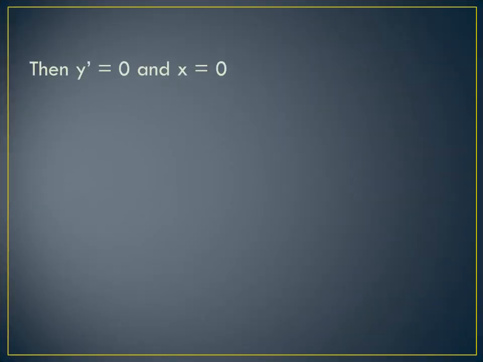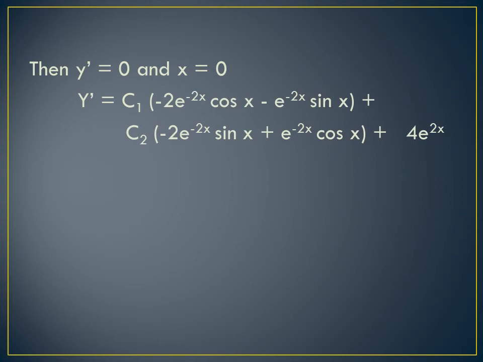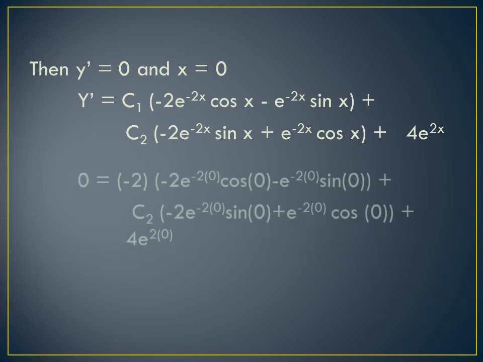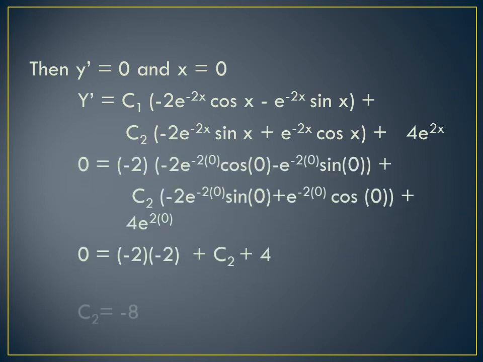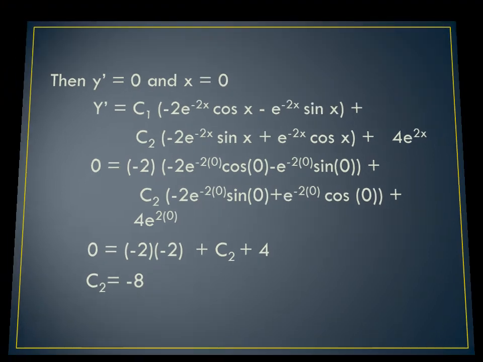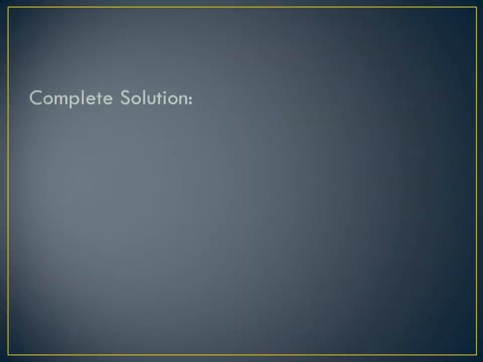In the same manner, we also substitute the values y' = 0 and x = 0 into y', which will also give the value of c2, which is equal to -8. Now we have our complete solution.